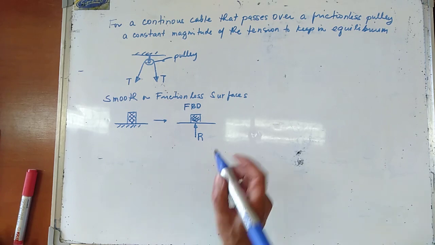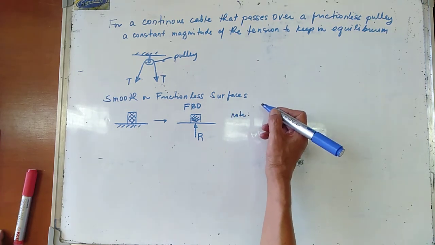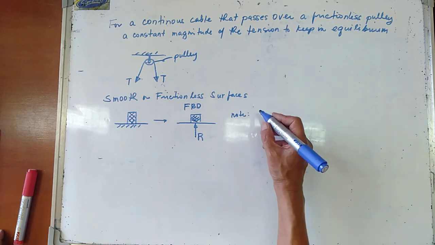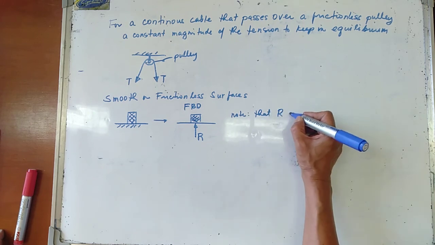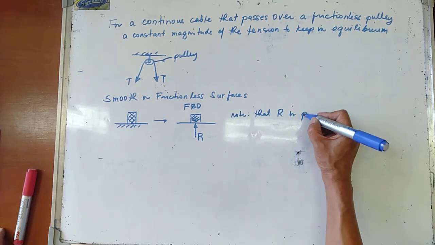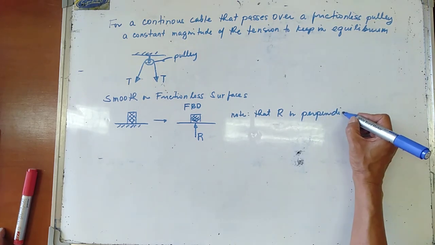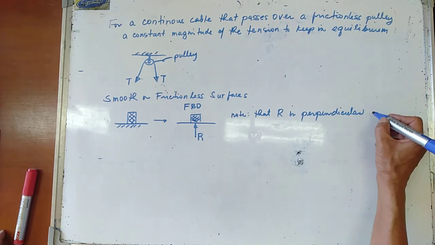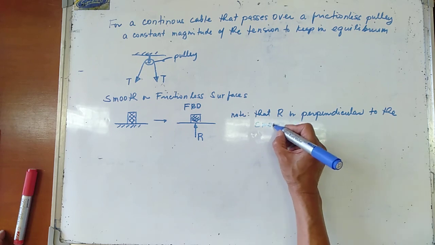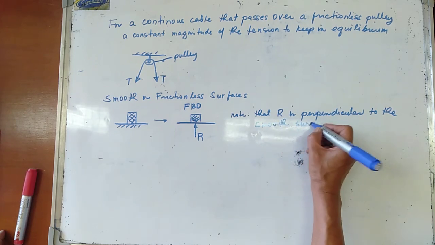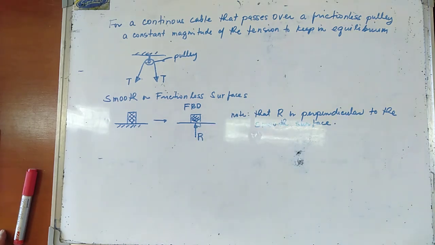Take note that R is perpendicular to the smooth surface. In other words, this one in here is 90 degrees.